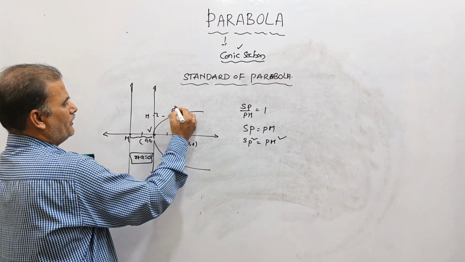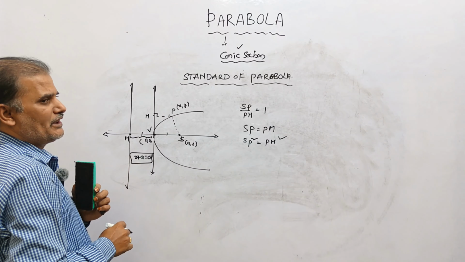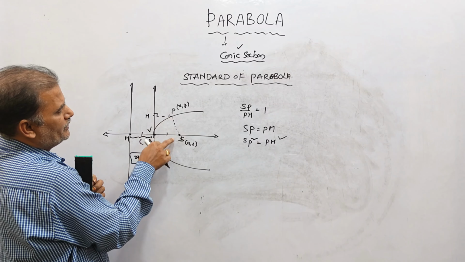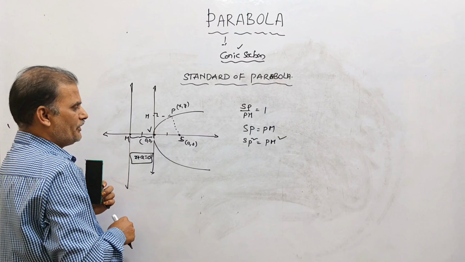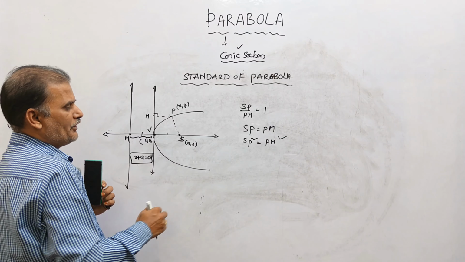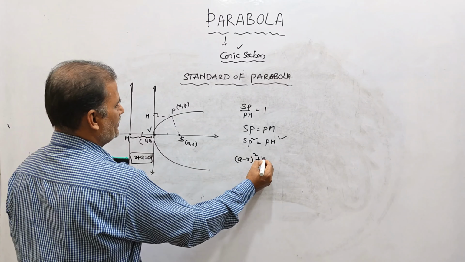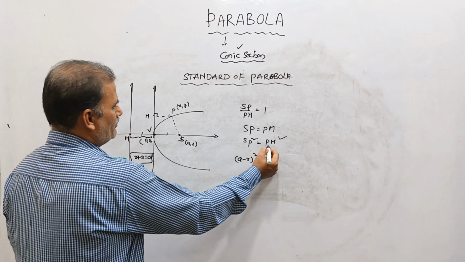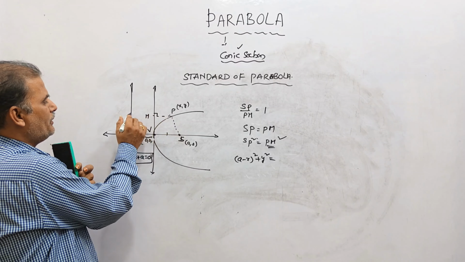Here SP, if you take the point (x, y), SP means the distance between the 2 points. Distance between the 2 points, x2 minus x1 whole square plus y2 minus y1 whole square. Now (a minus x) whole square plus y square, already squared so no root. PM means perpendicular distance from the point P to the directrix.